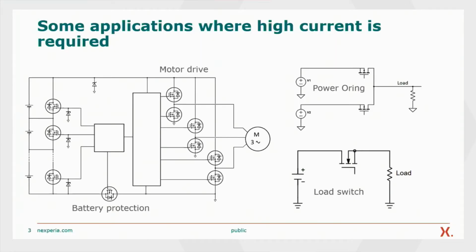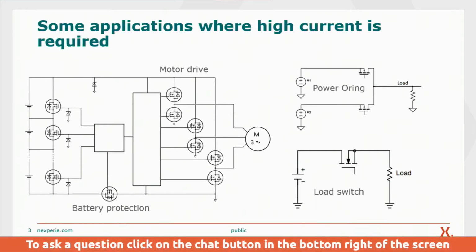For O-ring or load switches, another two applications where high current is necessary. Perhaps one of the most obvious places where a MOSFET is required to handle high current is the battery protection, where pretty much all the current of the system is made to go through that MOSFET.